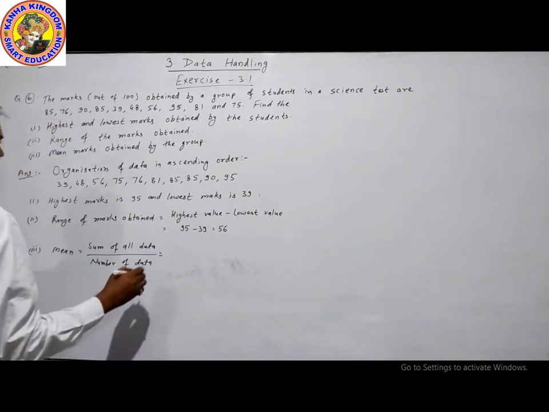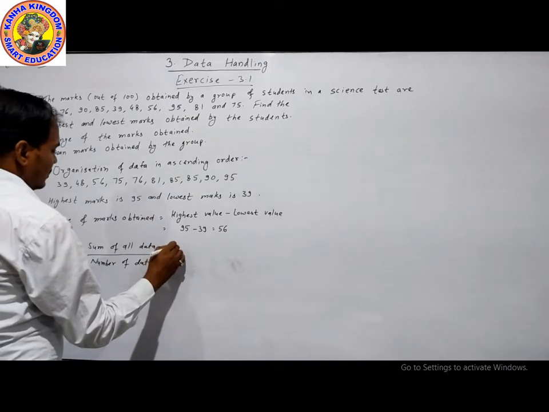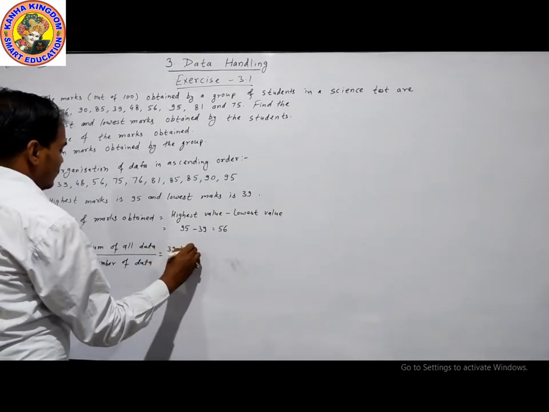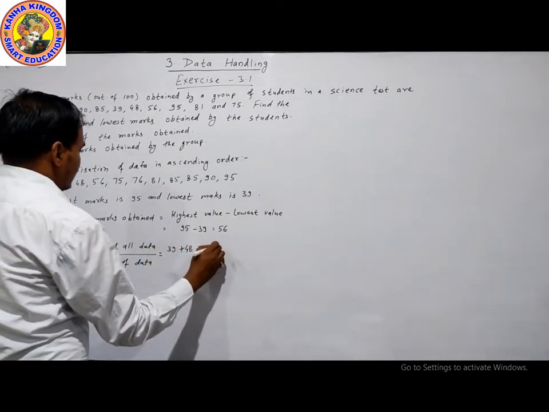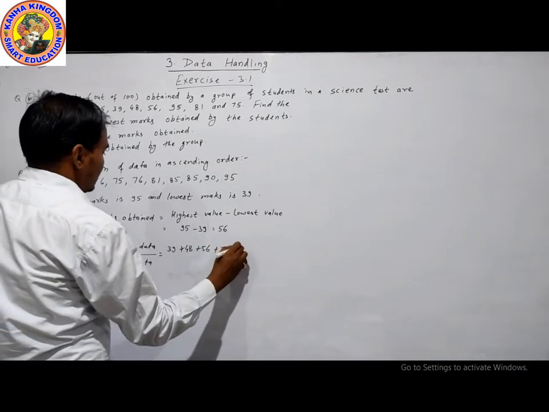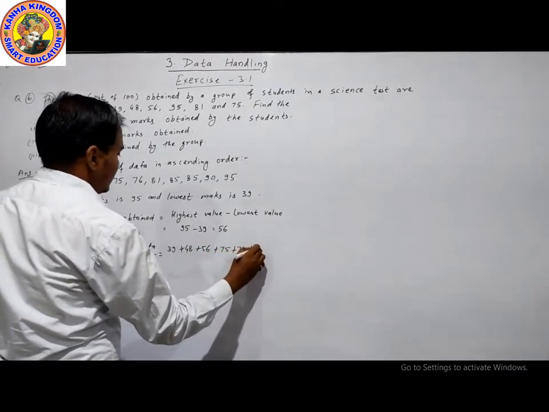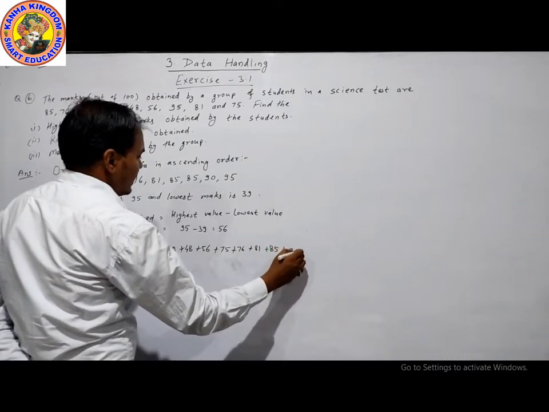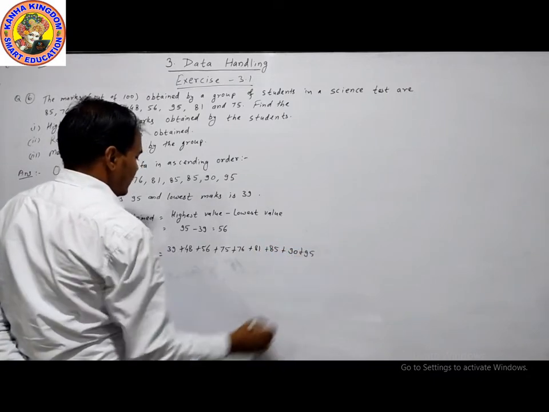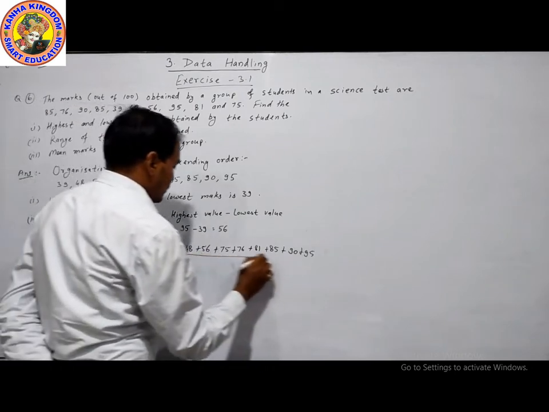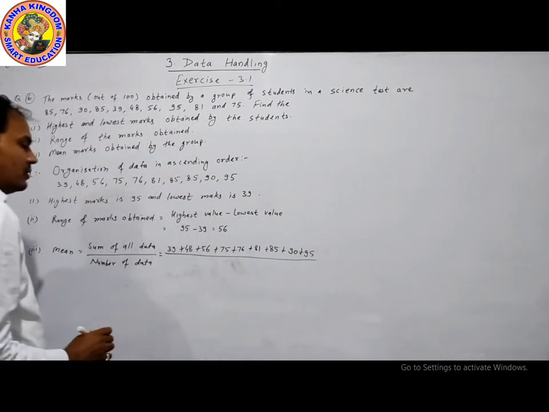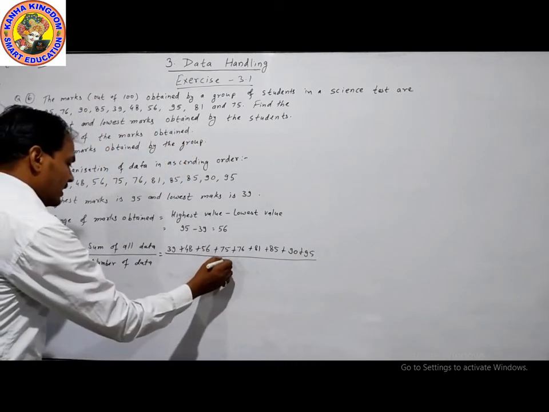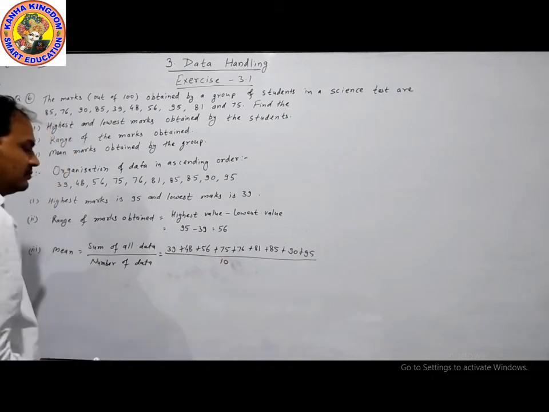Sum of all data: 39, 48 plus 56 plus 75 plus 76 plus 81 plus 85 plus 90 plus 95. Divide by 10, as there are 10 data.